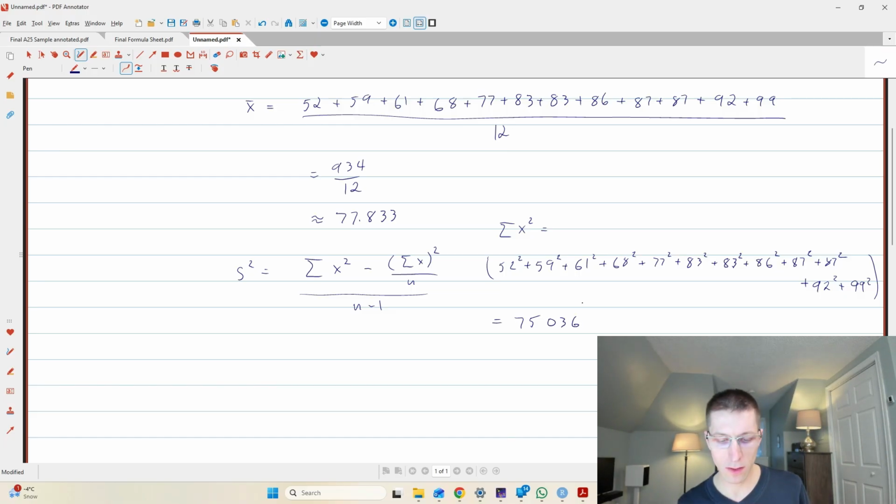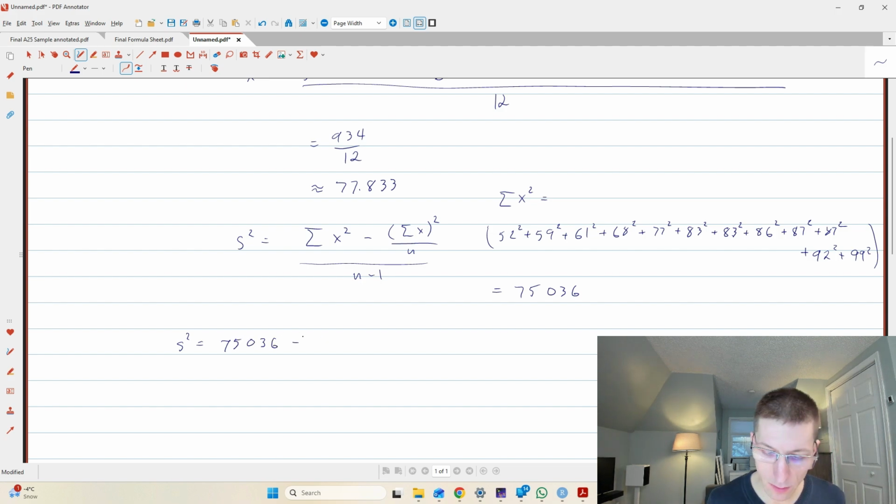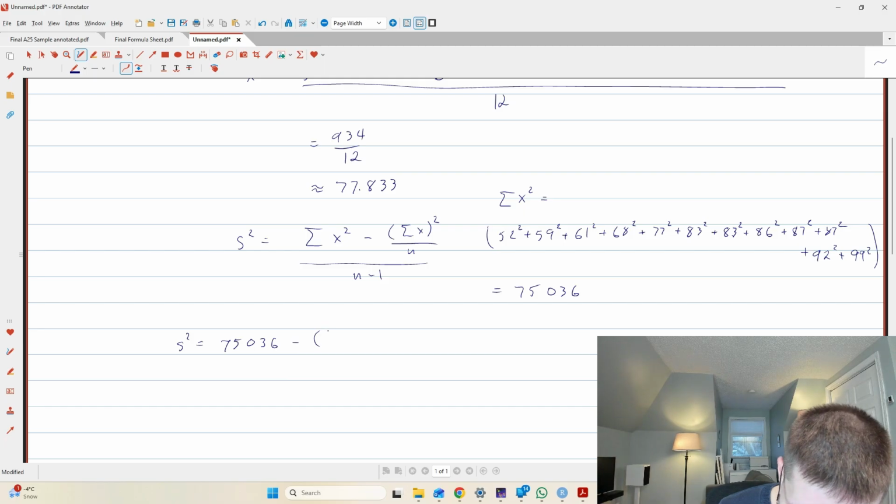And I already calculated my sum of x's up in the mean calculation. That was 934. So that means this is going to give us 75,036 minus 934 squared over 12, all over 12 minus 1 is 11.